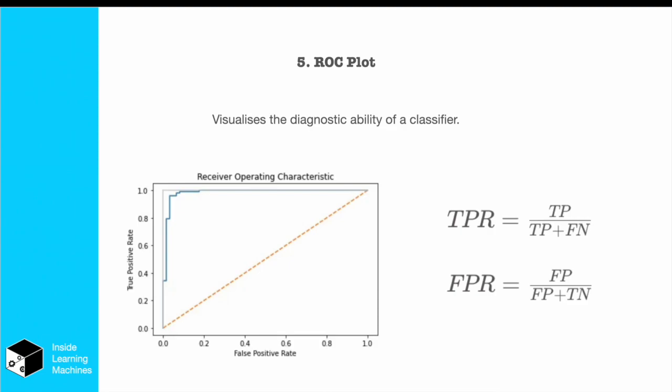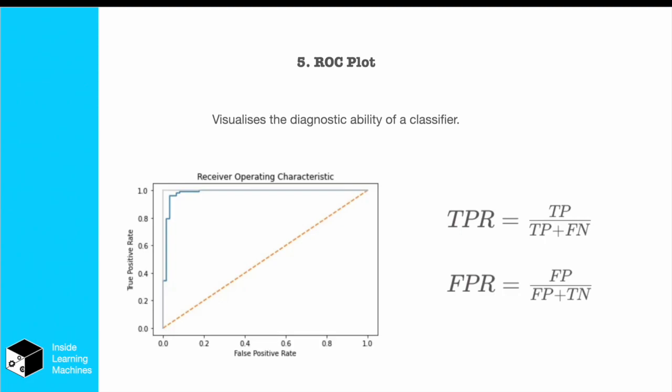Now this threshold value is just set, but we can change that, we can tweak it, and for any given problem it could be that a different threshold value is actually more ideal for the problem you're dealing with. So what's happening here is that we are altering the threshold value, and the threshold value is being changed from 0 to 1, and the classifier's performance is being evaluated through the true positive and false positive rates.